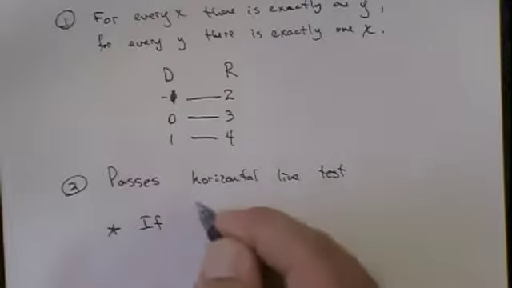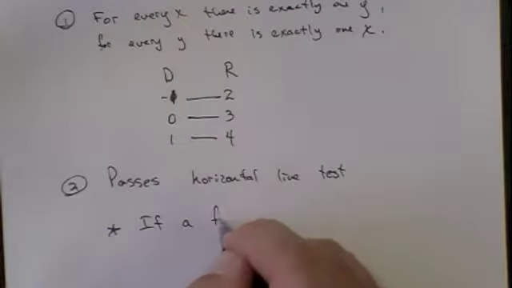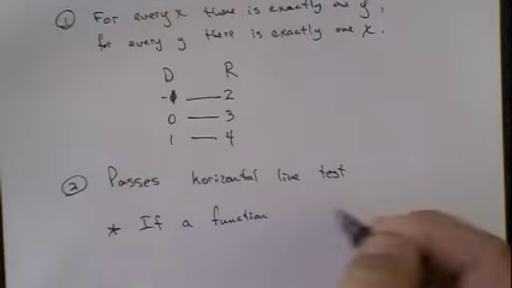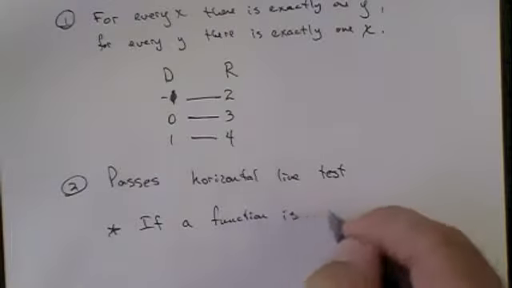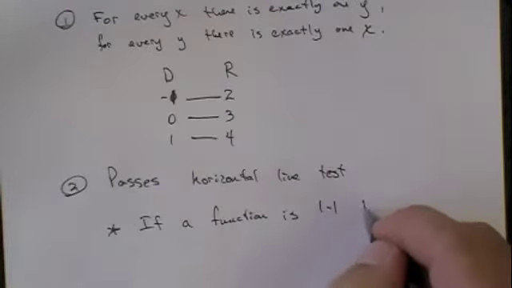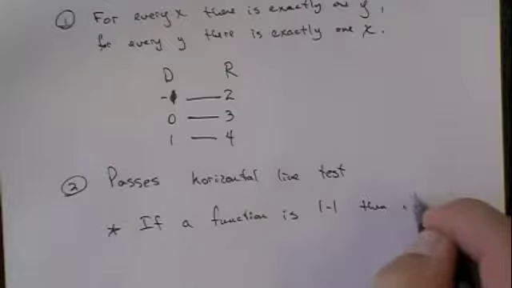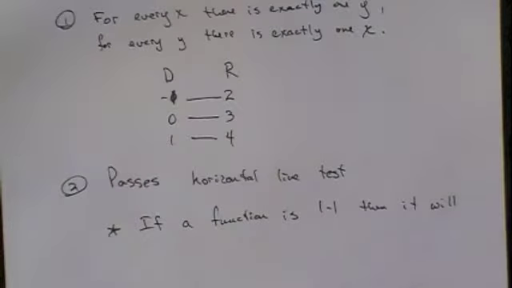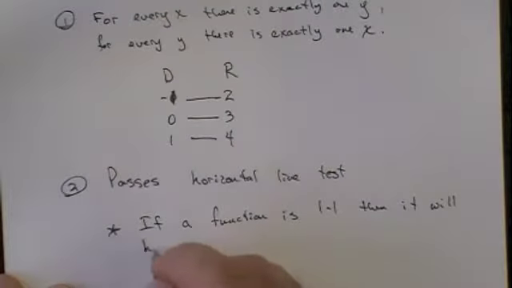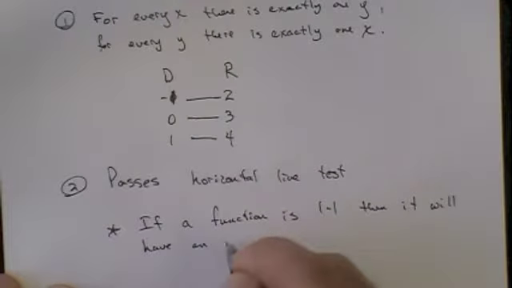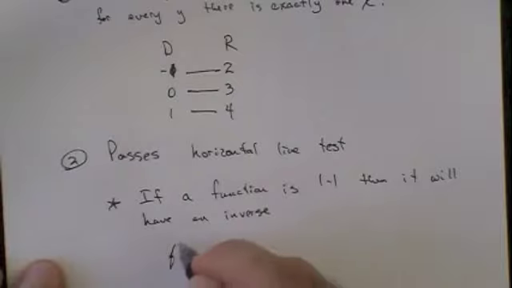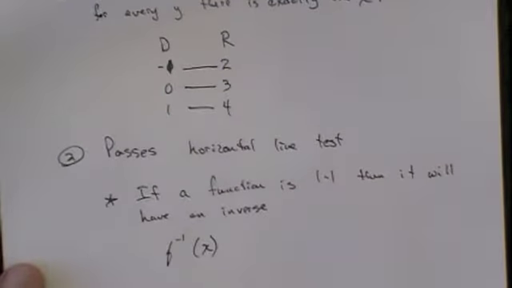So if a function is one-to-one, then it will have an inverse, which we would write as f inverse of x.